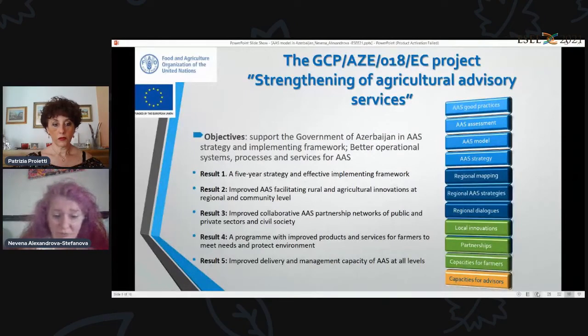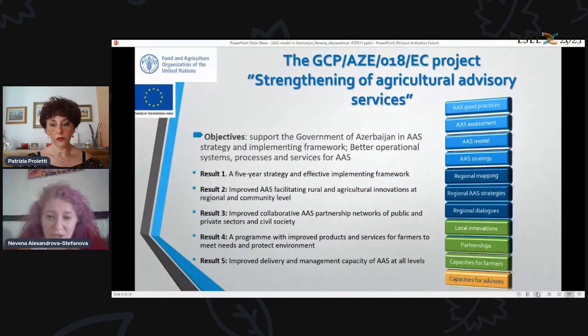So we have several products: the good practices assessment, the model, which is the architecture, as I said, that would provide further the mechanisms and operational modus of the policies and interactions with the actors, and the strategy. All those are done at national level.